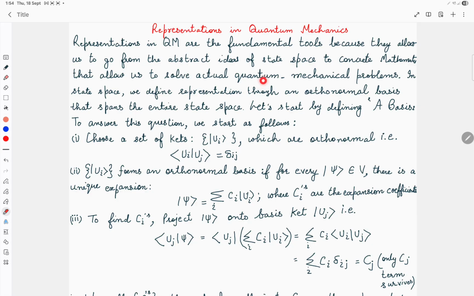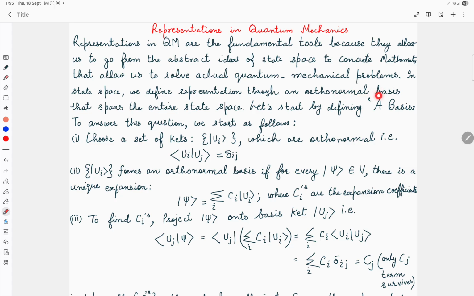Now, if I say that the entire vector space is spanned by the two axes, I can very safely say that we use the orthonormal basis in quantum systems, which will span the entire state space.